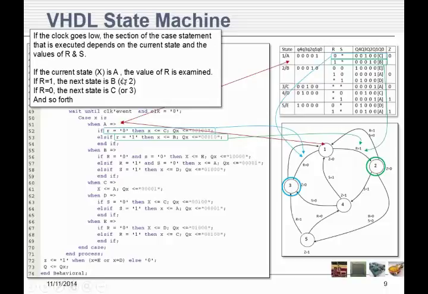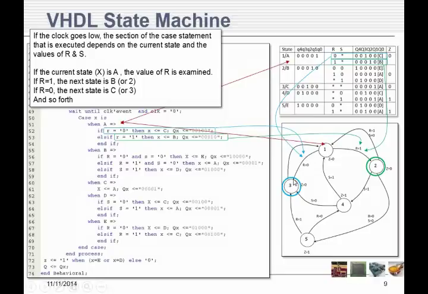And then it also lets me look at the variables R and S. So here in this first one, since I know I'm going to be in A, because this is my first time into this, it's going to say, these are the values of the flip-flops. If R is equal to 0, well, I can read that right off this diagram. That's why I've pointed over to this.